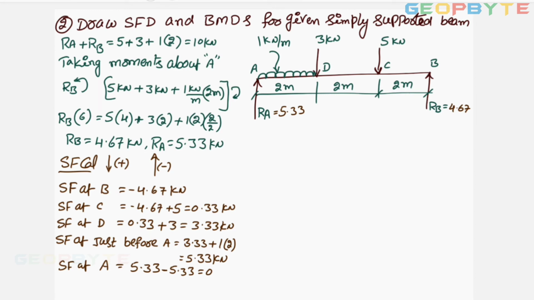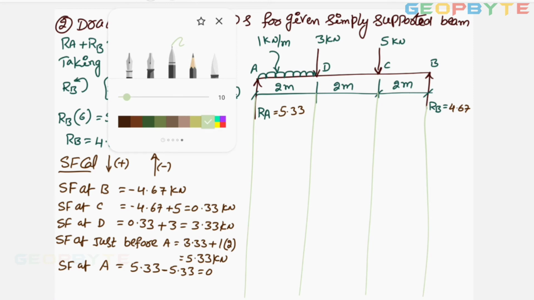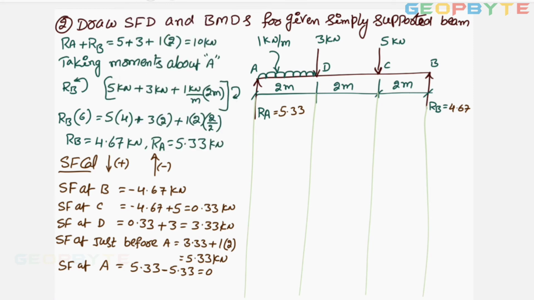Now I am going to construct the SF diagram. For that, project the vertical lines from the respective points. You take a reference line such that space is available above and below the reference line, because the shear force value is both positive and negative for the simply supported beam.